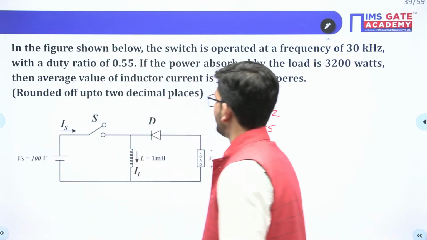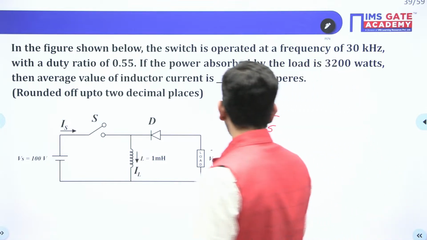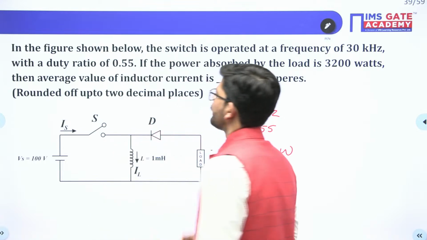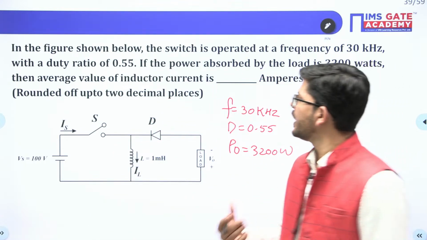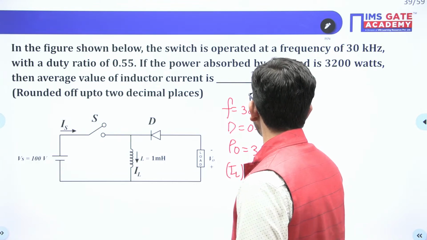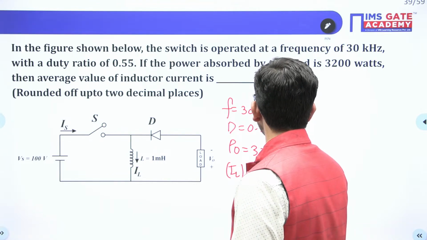It is 0.55. If the power absorbed by the load, that is P naught, is 3200 watts, then the average value of inductor current will be. What you have to do is to calculate the average inductor current.